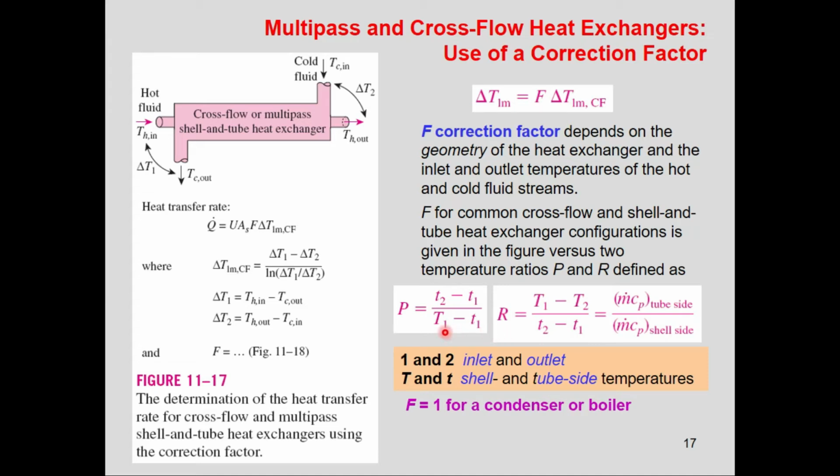After putting the value of these four temperatures into these two formulas, you will get the value of P and R. After that, you have to go to a particular figure, which I will show you in the upcoming slide, to get the value of the correction factor. The temperature ratio represented by capital R can also be determined by using this formula.